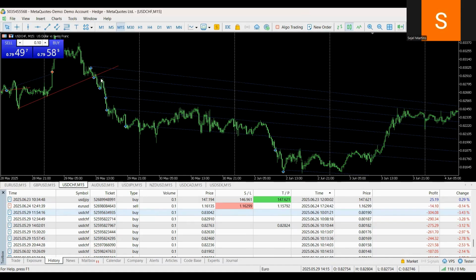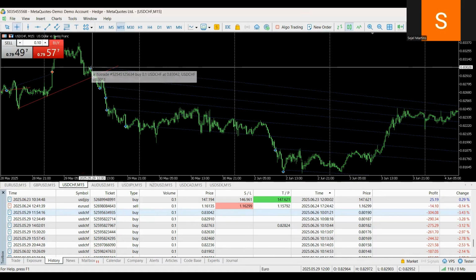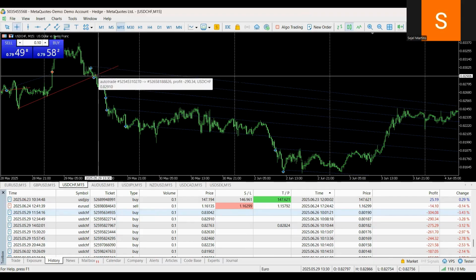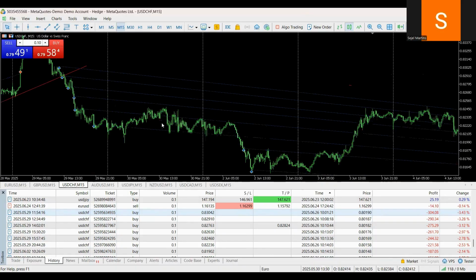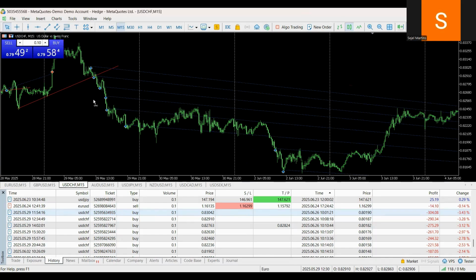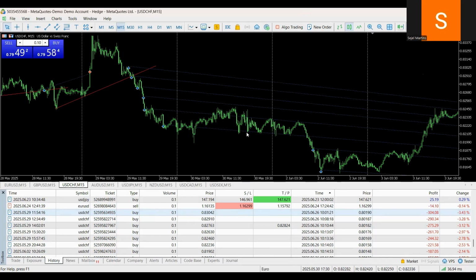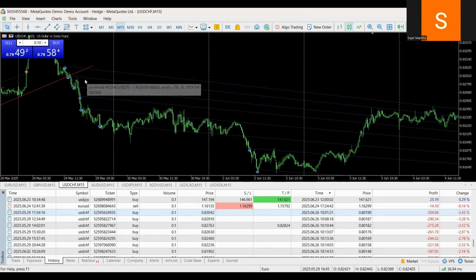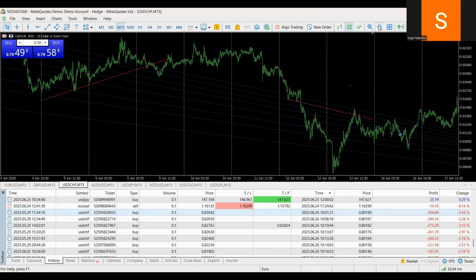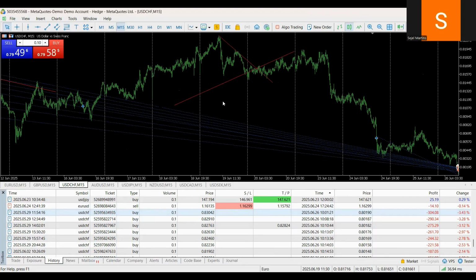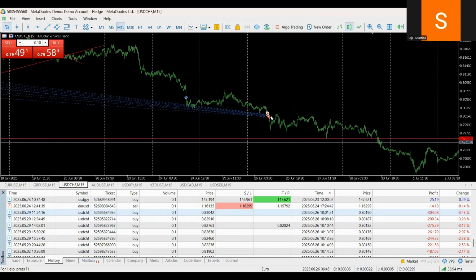What I should have done is waited for the trend line to break, and then I could have closed this buy at a loss of a few pips, taken a sell, and then I could have taken 100 pips, 200 pips accordingly, or I could have added more and more trades. Instead, what I did is I took trades in the same direction, hoping that the market would be going up. But unfortunately, it didn't go up as planned, and all the trades got closed out over here.